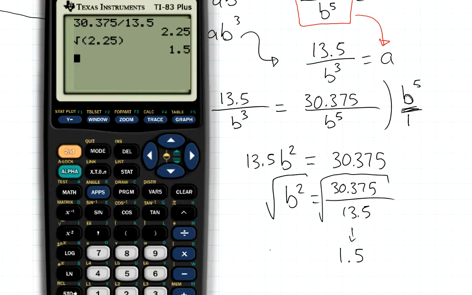So b could have either been positive or negative, right? But we typically will write this plus or minus on the other side. So b is equal to plus or minus 1.5. And in this setting, we're just going to be using the positive root, positive 1.5.